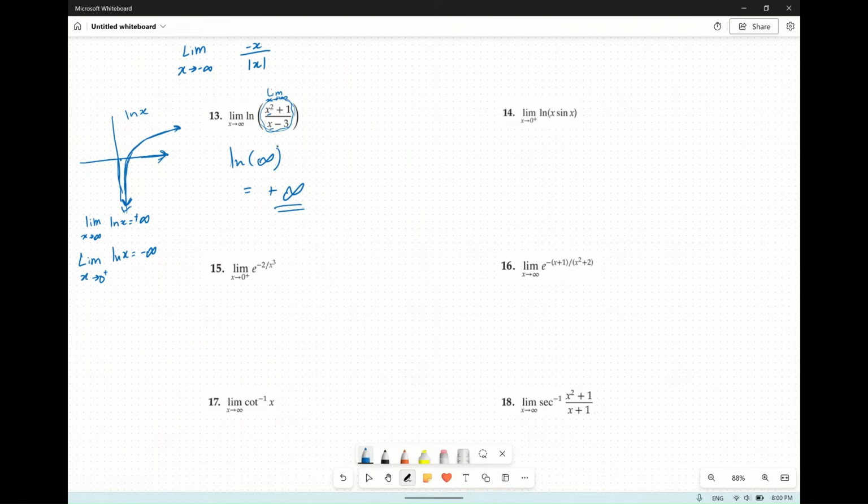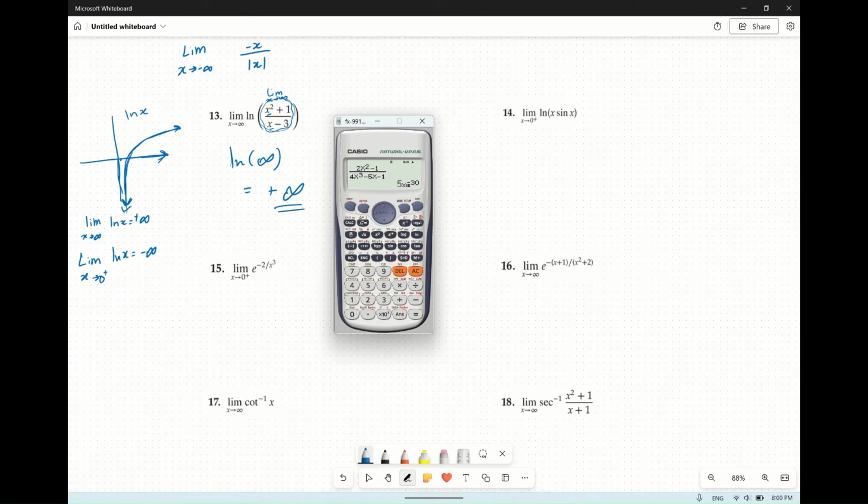Now how can I show this with my calculator? I will open my calculator and I will write the function ln of (x squared plus 1) over (x minus 3). Now I will click calculate and I will put a large number. What do I see? I see 16.118. Okay, I go back and I make the number even larger.